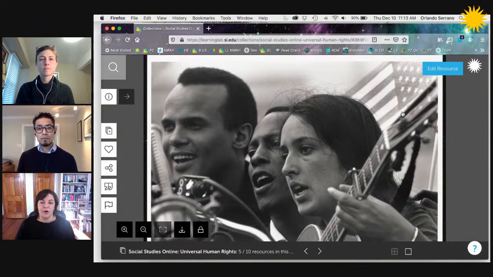Here we have artists who have joined that cause. We have Joan Baez up front on the right, Leon Bibb in the middle, and Harry Belafonte on the left there. And they are singing as a part of this protest movement in favor of civil rights for African Americans.